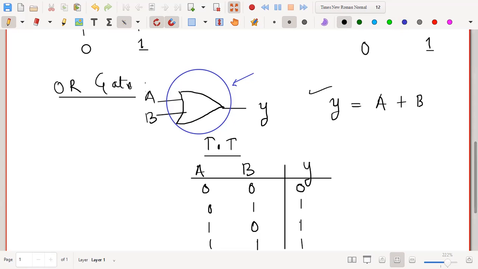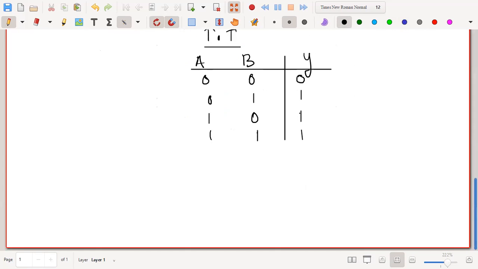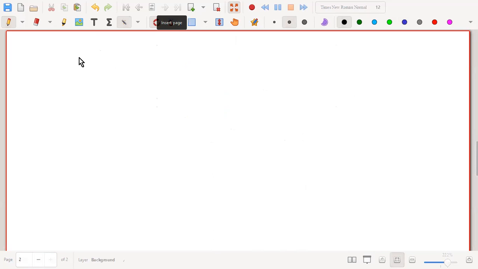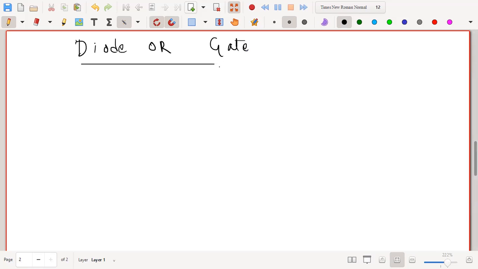Okay, so let me show you the diode OR gate first and tell you the working of that. We will be discussing the diode OR gate first. All right. I'm going to draw the circuit first.